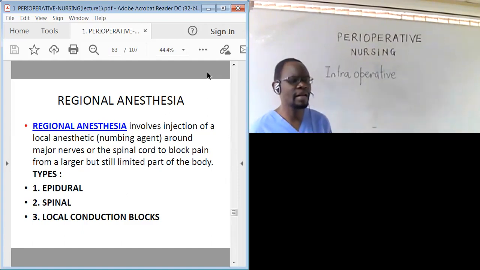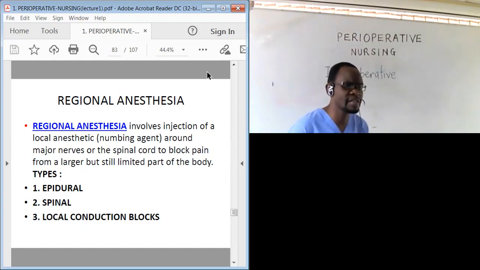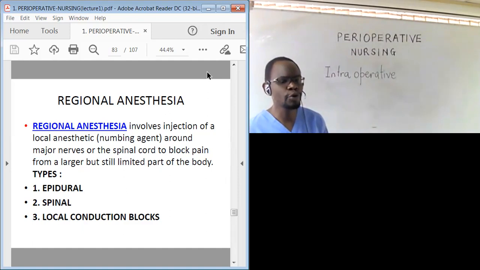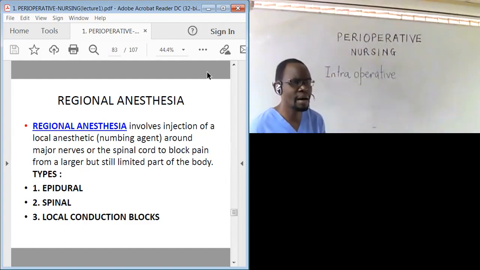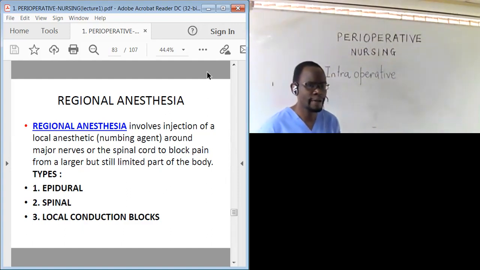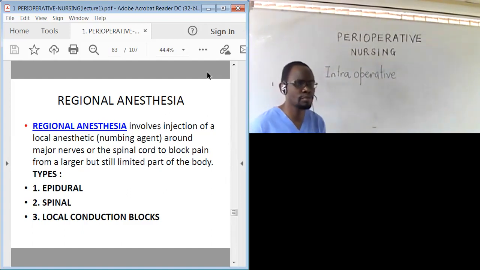You have seen epidural and spinal anesthesia, especially some of you who are mothers who have given birth by cesarean section. You have experienced some of this anesthesia. Epidural or spinal anesthesia, but you also have a local conduction block, as the different subtypes of regional anesthesia.